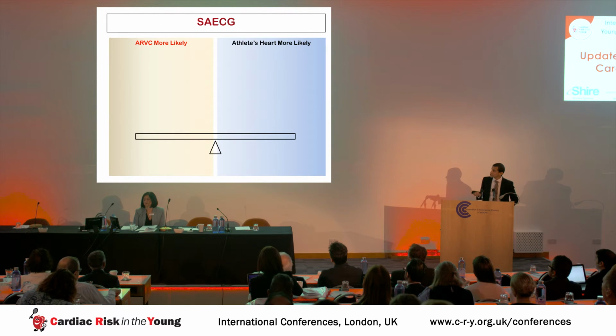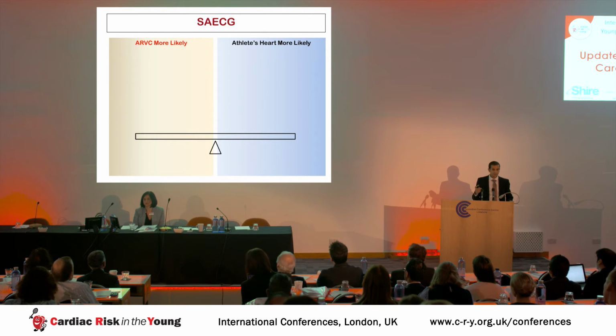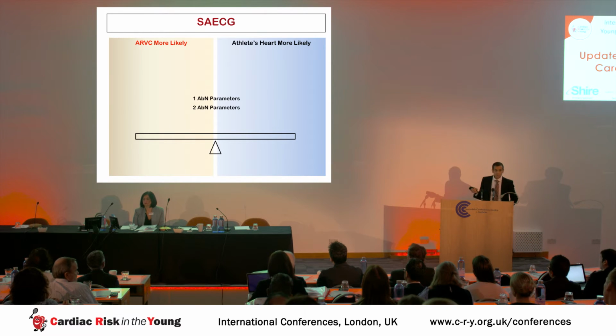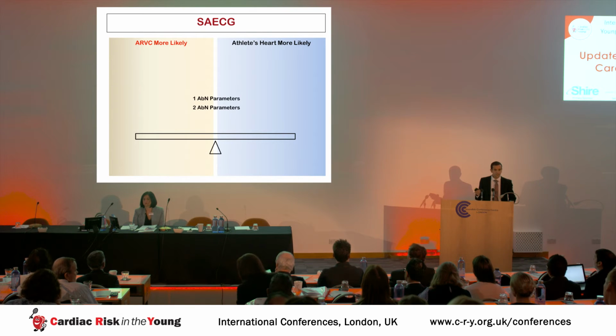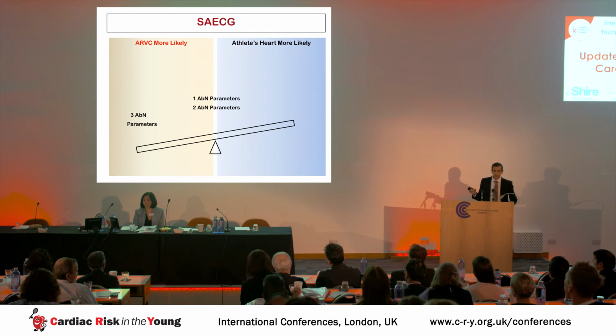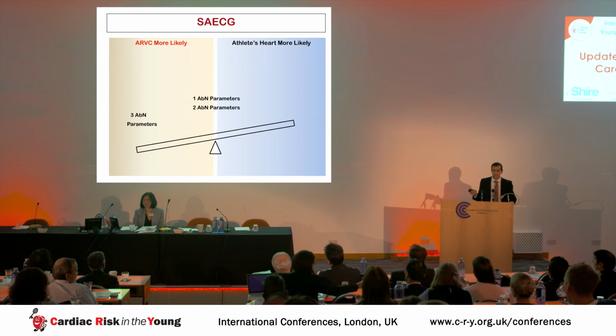The signal averaged ECG. Well, the task force criterion says you need one abnormal parameter out of 3 to get a minor criterion for ARVC. We didn't find that helpful in athletes, because athletes do tend to get abnormal signal averaged ECGs. One or even 2 abnormal parameters were commonly seen in athletes. However, if you have 3 abnormal signal averaged ECG parameters, that was suggestive of ARVC.